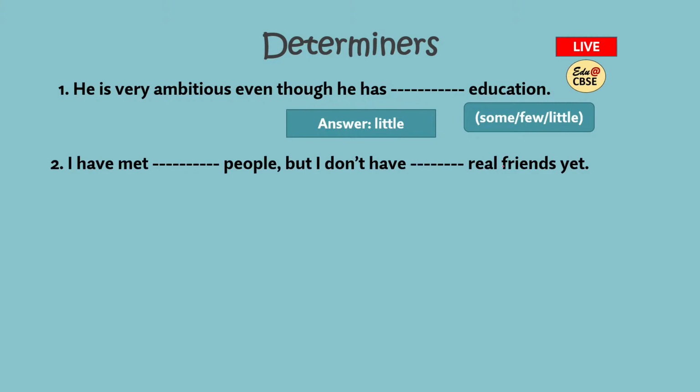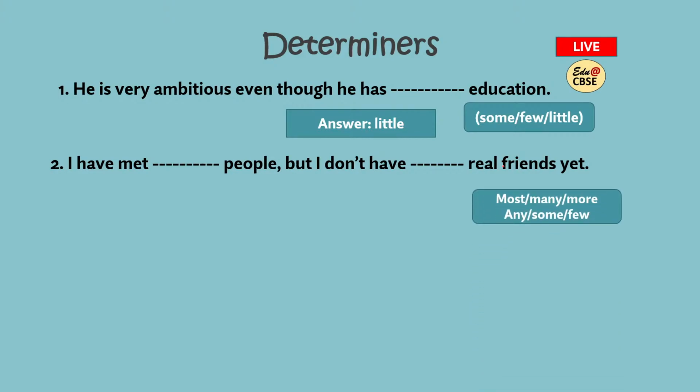Now the second, I have met dash people, but I don't have dash real friends yet. Yes, so pick your answer. Now, if you want clues, so these are the clues.